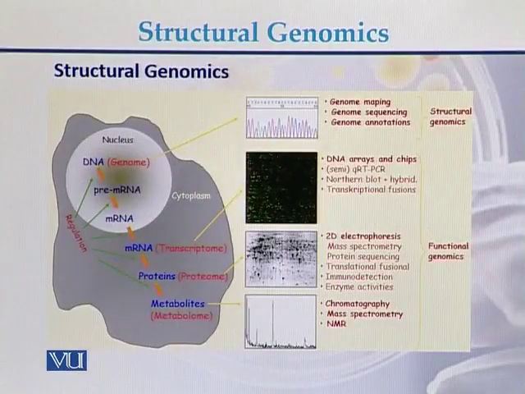In case of structural genomics, we have to identify the nucleotide sequence of the genomes. Here is the DNA or the genome which is present in the cell. If we want to study structural genomics, it means we are going to perform genome mapping, that can be genetic mapping or physical mapping.